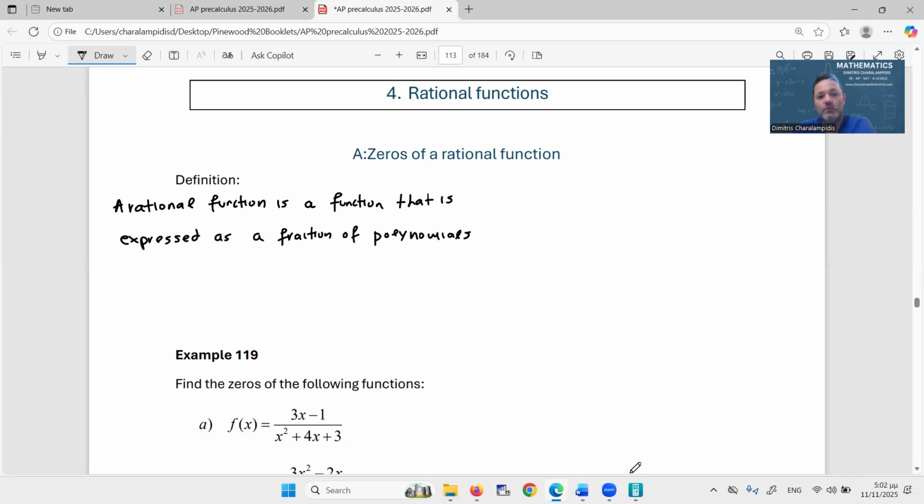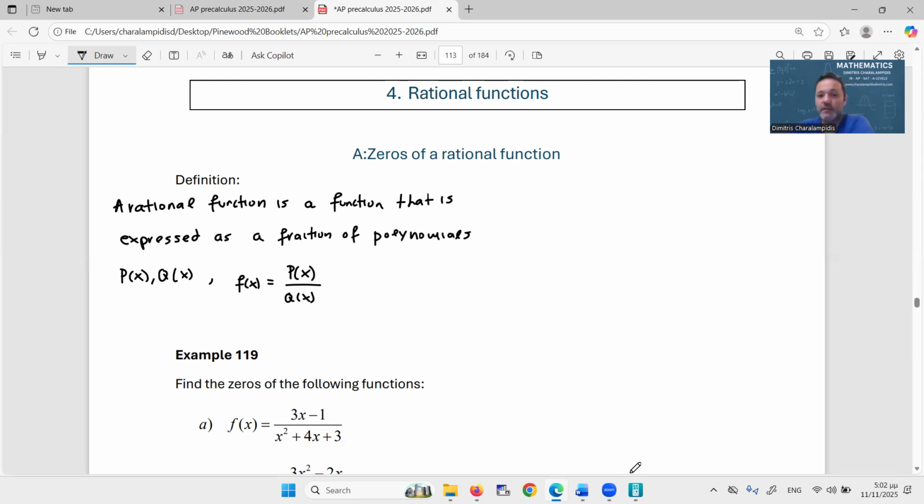So you get two random polynomials p(x) and q(x). And then if you put them in a fraction as p(x) over q(x), that function is called rational, regardless of the degree of each of the two polynomials involved.